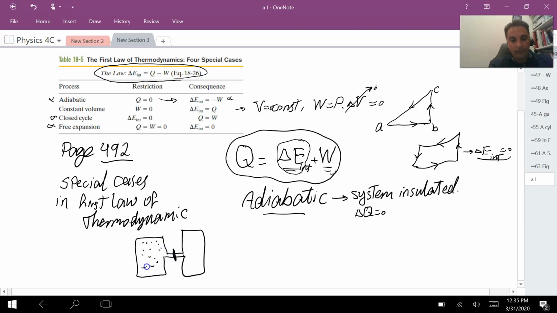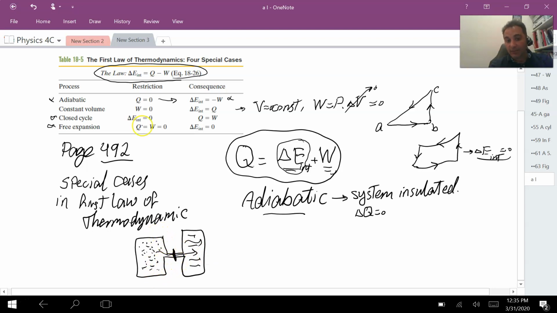Now, I have a gas inside. At the moment when I open this cork, all this gas will expand into the second container, and the pressure in both will be the same. This is called free expansion.